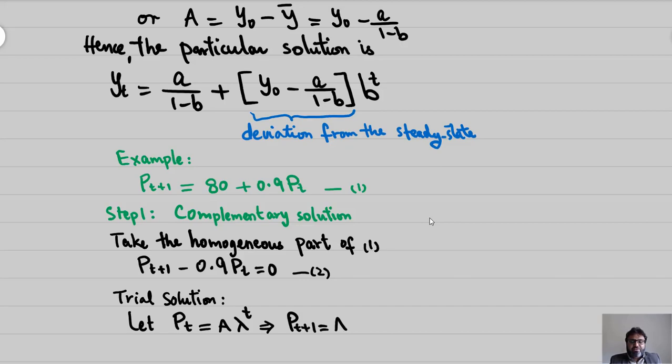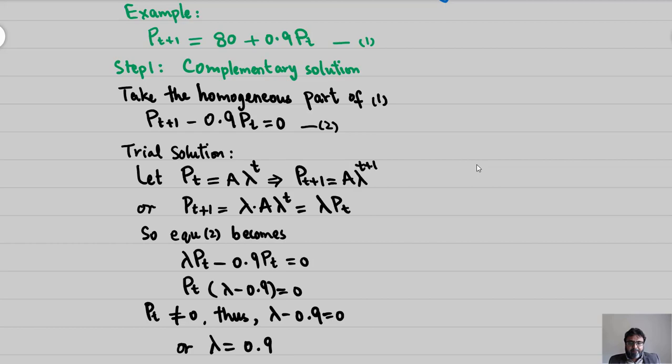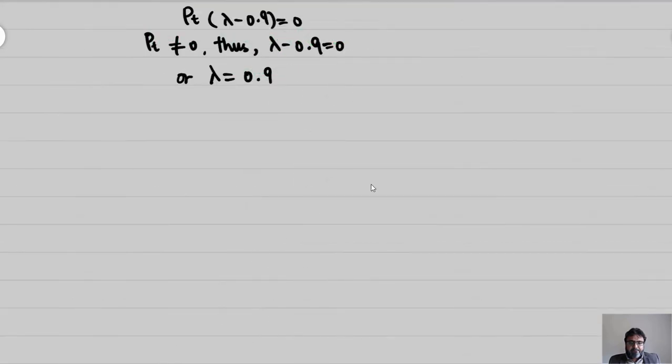And then we can iterate it for one period forward, so that p_{t+1} is A lambda raised to the power t+1, which means we can get the characteristic equation as lambda minus 0.9 equals 0. Thus, the complementary solution is A times 0.9 raised to the power t.